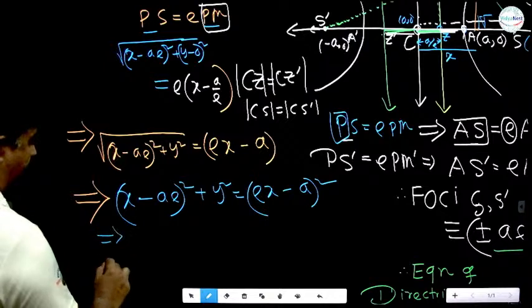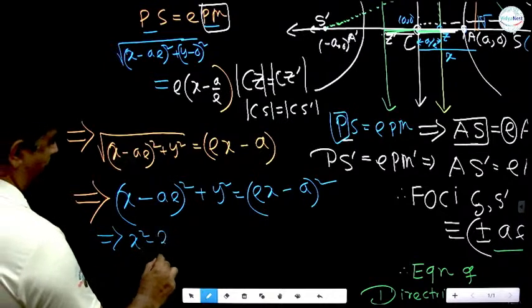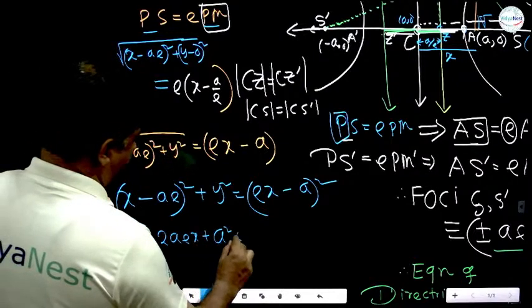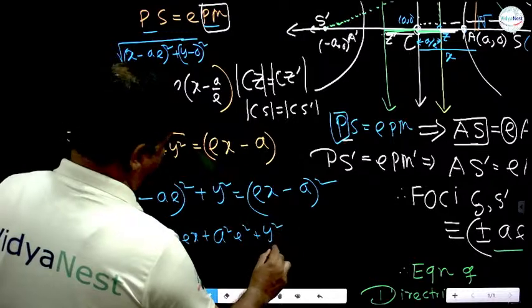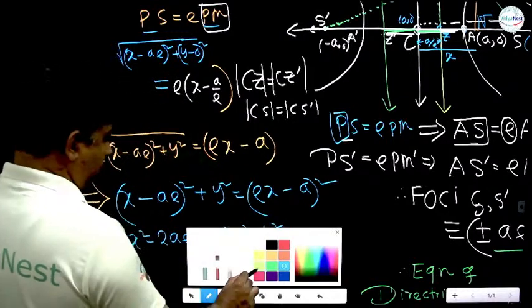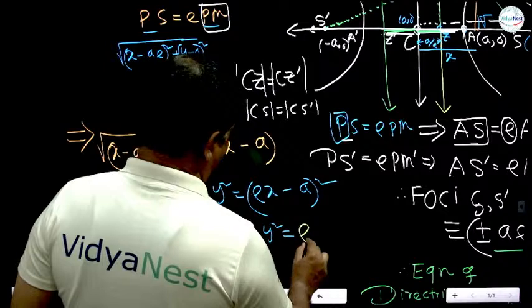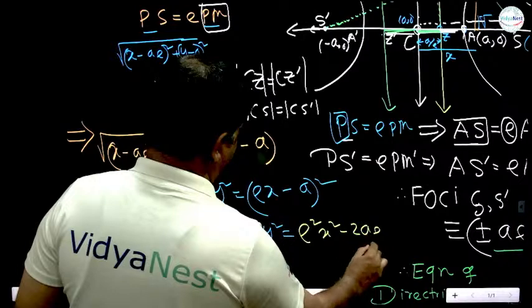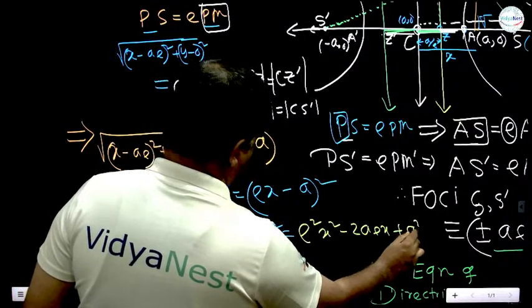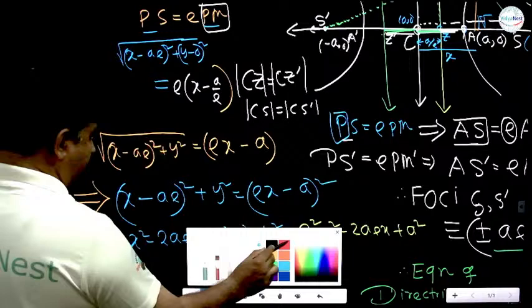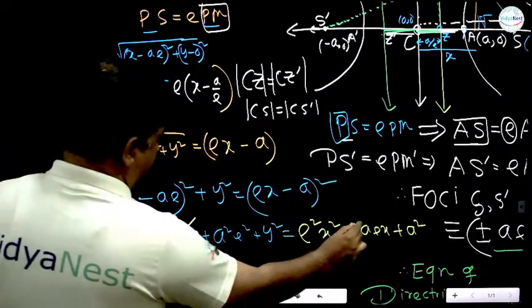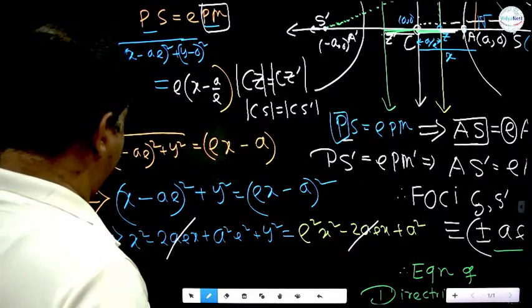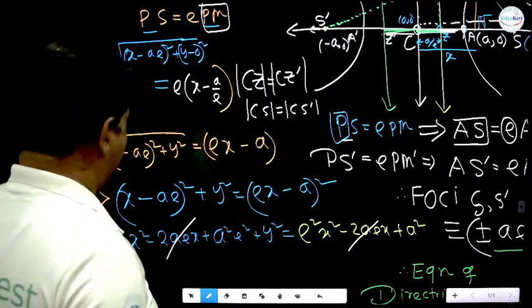Open it. X square from both sides. We can cancel this. Understand? Yes, sir.